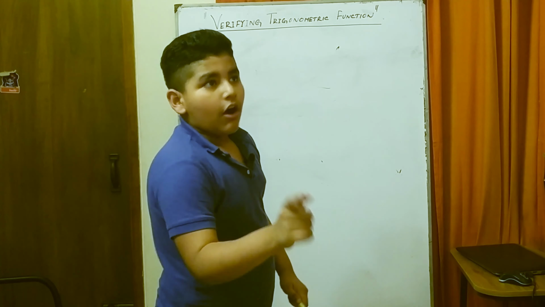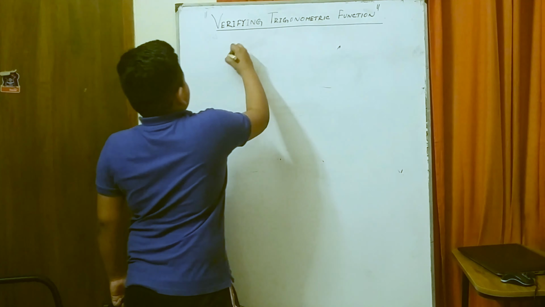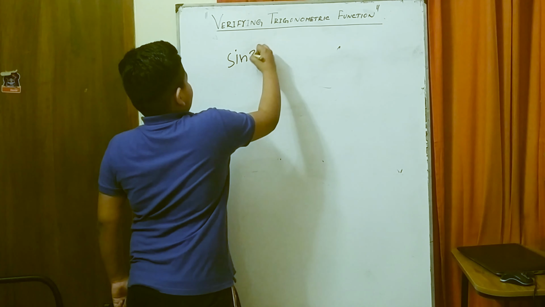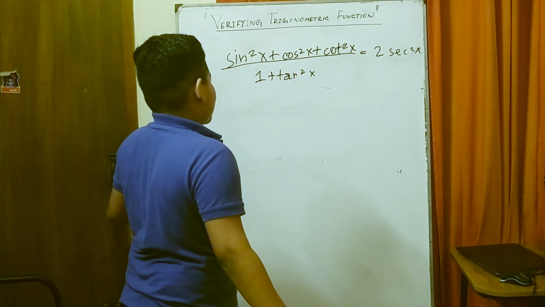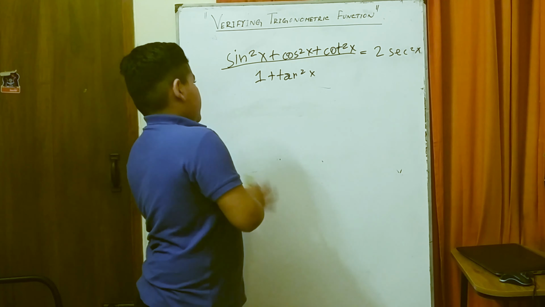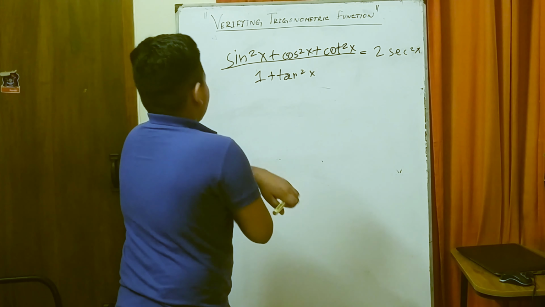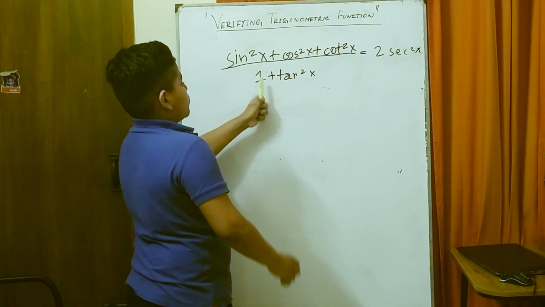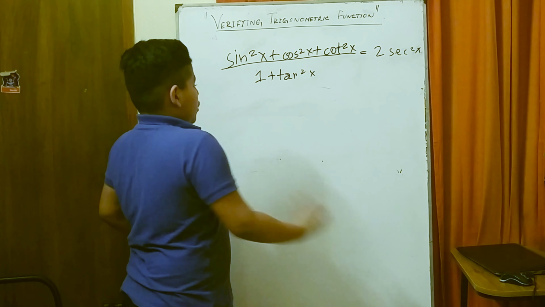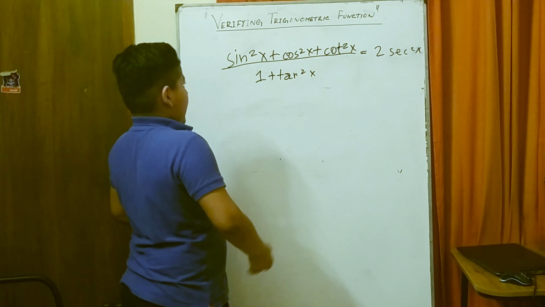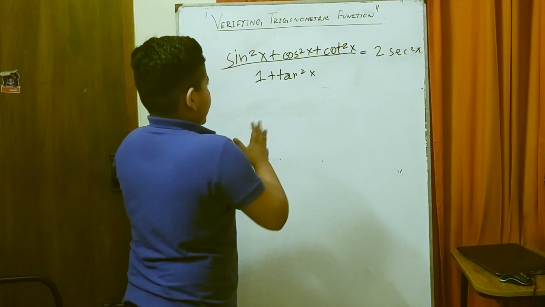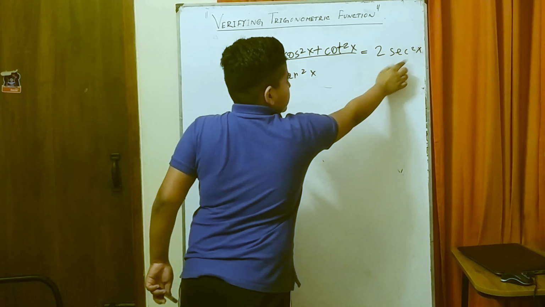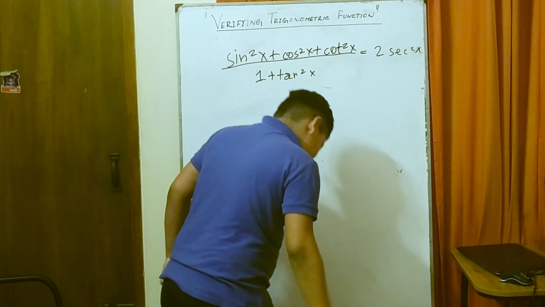So let's go with a harder example, since it's just so fun. If I just told you what this is, it would take around half a minute. There are many ways we can verify if this is equal to 2 secant squared of x or not.